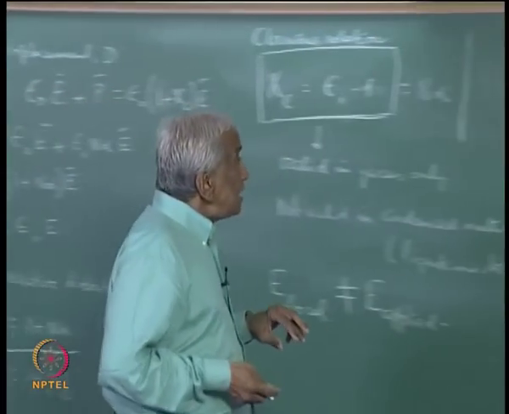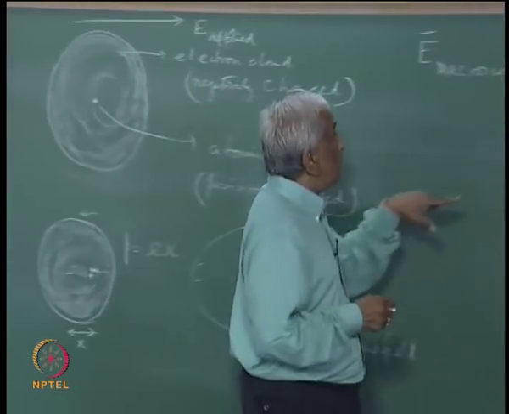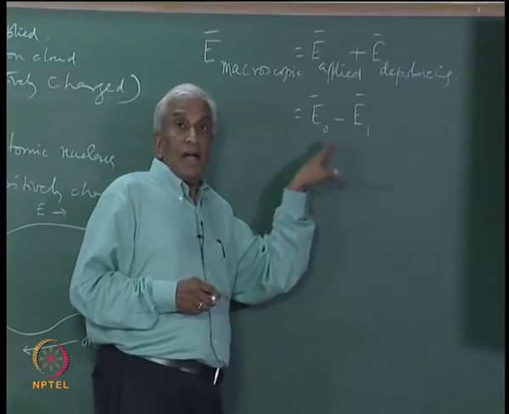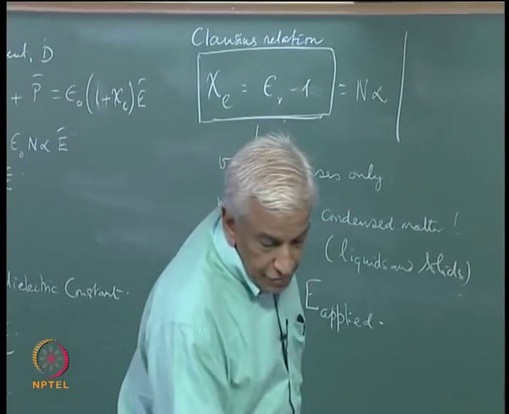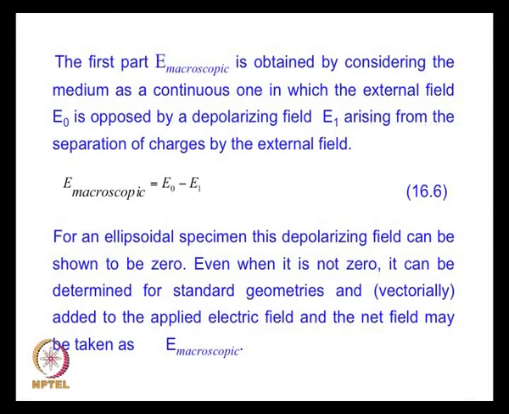So, we can find the depolarizing field and add it vectorially to the applied electric field to obtain the macroscopic electric field. So, this is the first part.